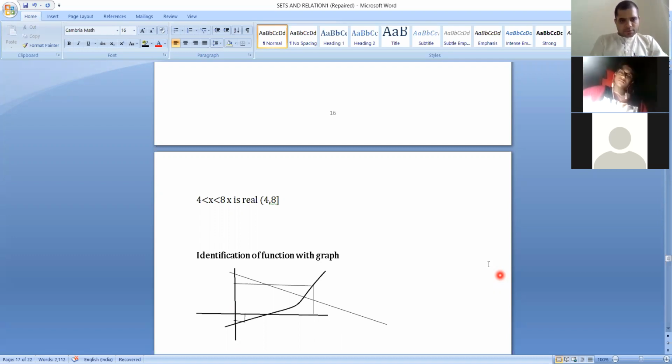So in this, what you have to do first, you see, f(x) is equal to x minus 4. So the domain is real. If nothing is given, we assume that the domain is R. So what is the domain of function f?